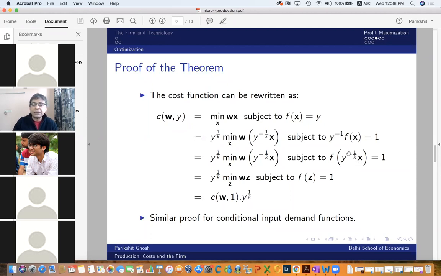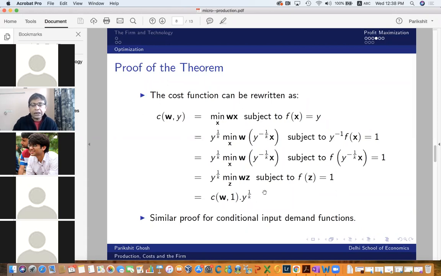If I take x and multiply it by y to the power minus 1 over k, and if I take it outside, by the definition of homogeneous functions, it gets raised to the power k. And so the 1 over k and the k cancel out, and you are left with y to the power 1 minus 1. So the jump from the second line to the third line is absolutely valid.